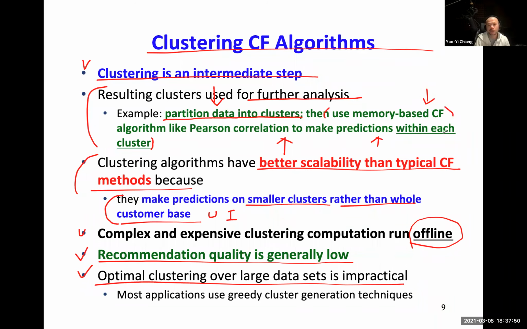But your goal here is not always aligned with the goal here, depending on the similarity matrix used in doing the clustering. Optimal clustering over a large data set is usually impractical. Most applications use greedy cluster generation techniques, and we're going to talk about some clustering techniques later, not today.